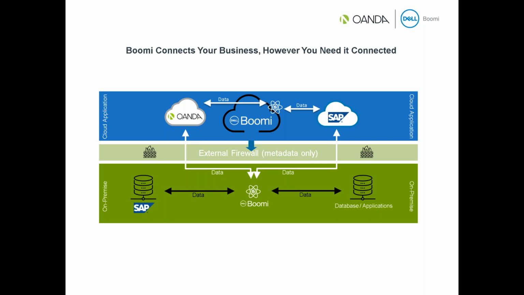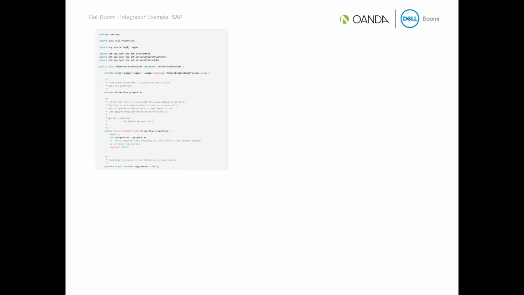So any type of integration across cloud and on-premise, and indeed hybrid is the common expression. We support any pattern. So the value proposition there is you have one platform to perform any type of integration development.